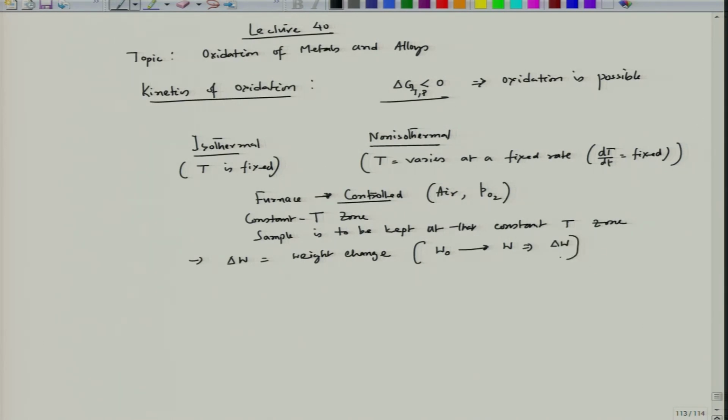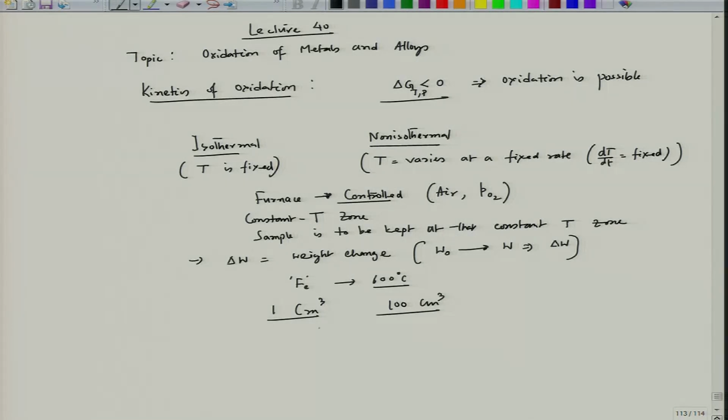Since the oxidation is basically a reaction between metal and oxygen at the surface, now in order to avoid differential areas of the same sample exposed to a particular temperature having differences in weight gain. For example, if I try to measure oxidation of iron at a particular temperature, let us say 600 degrees Celsius, and all the other conditions are fixed, but in one case I am using a 1 centimeter cube sample, and in another case a 100 centimeter cube sample.